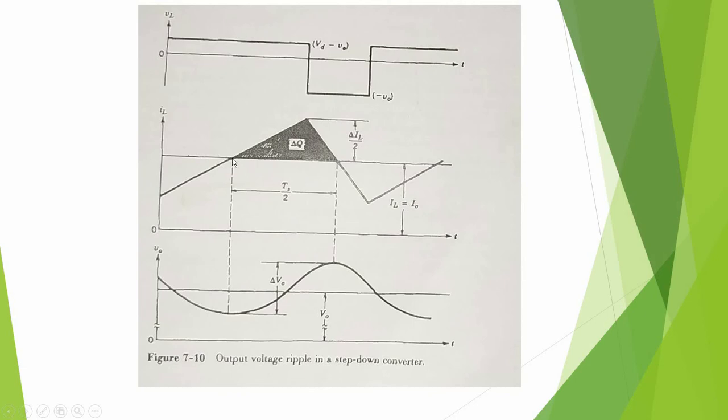So during the charging and discharging above the positive line, the capacitor will charge. In that period, the base is switching period TS divided by 2 and the height of the triangle is delta IL. So we can find the area for delta Q equal to 1/2 into TS by 2 into delta IL by 2 using the area of triangle equation.